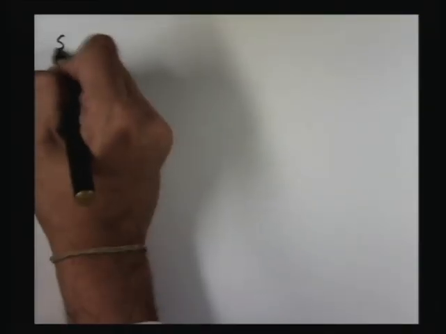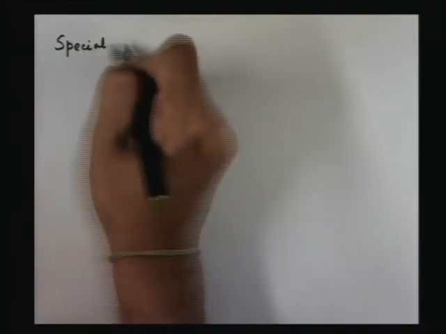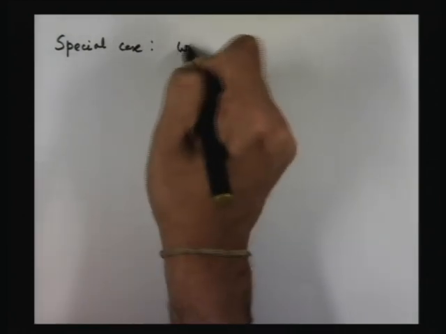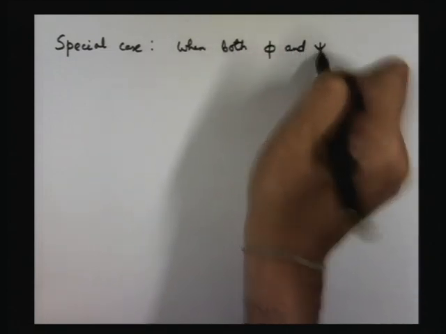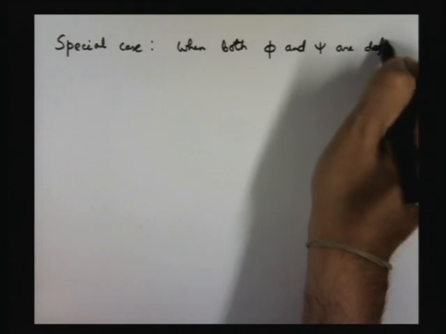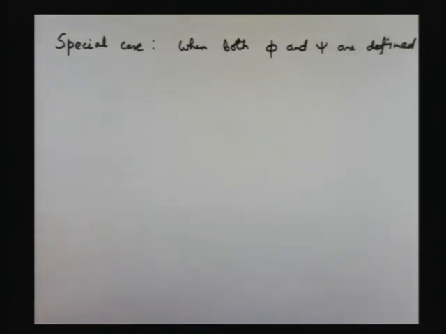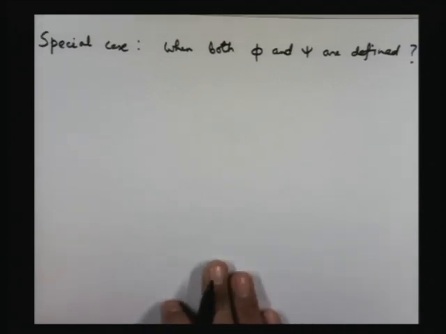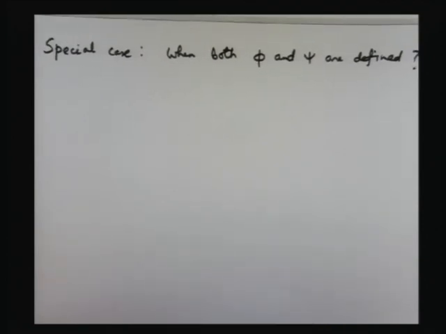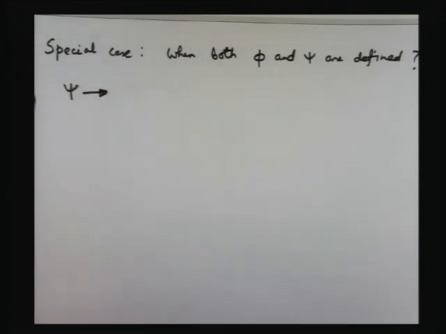Now finally, we will try to discuss a special case when both the stream function and the velocity potential are defined. So special case when both phi and psi are defined. When psi is defined, when is psi defined?